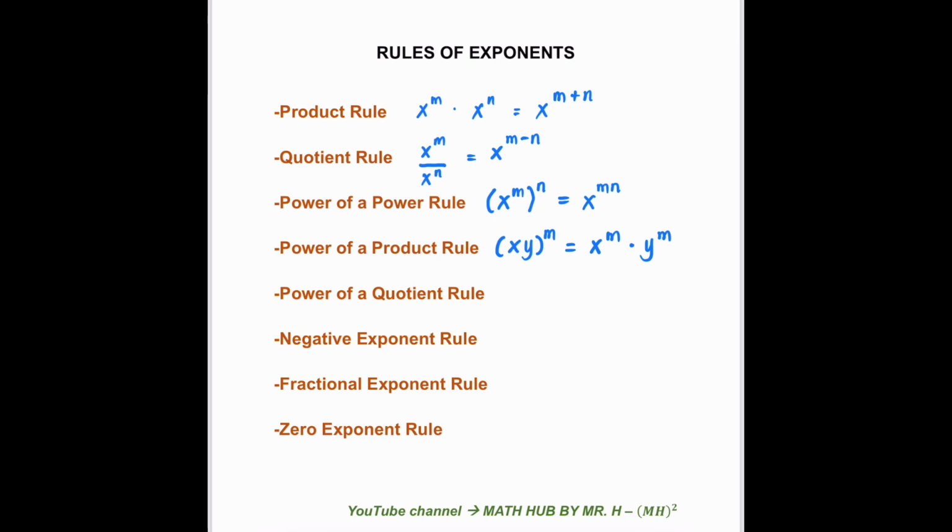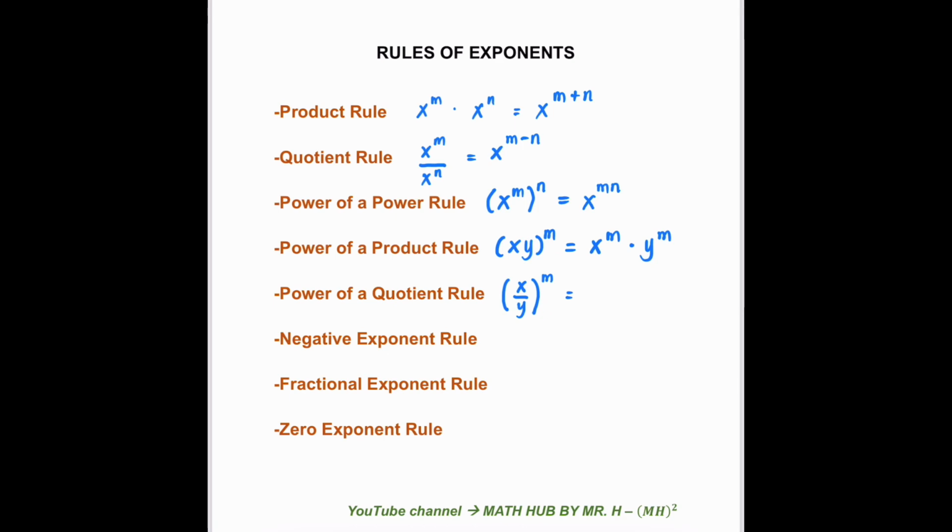For the fifth, power of a quotient rule, okay? So maybe here you're getting the concept of how it's going to look like. So quotient, right? So basically the base here involves division. So for example, our base is x divided by y, and the power or the exponent is m.